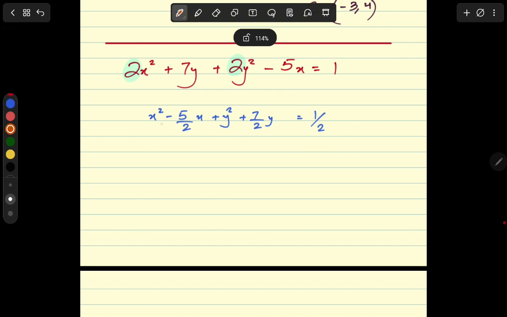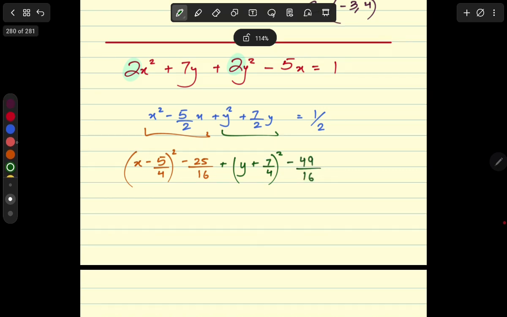Now let's see. So this becomes (x minus 5 upon 4) whole square minus 25 upon 16. I completed this square, and this one becomes (y plus 7 upon 4) whole square. So my b is going to be negative 7 upon 4 and minus 49 upon 16, and this is equal to 1/2.